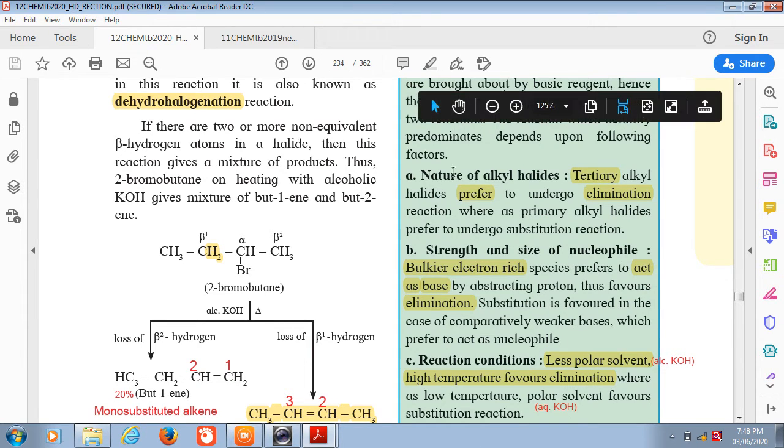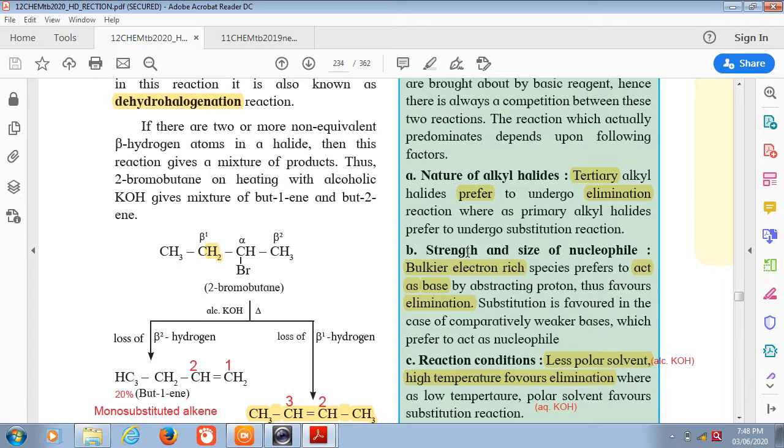Then the strength and size of the nucleophile. A bulkier electron rich species, like the tertiary butyl group, prefers to act as a base by abstracting the proton and thus favors elimination. Substitution is favored in the case of a comparatively weaker base, which prefers to act as a nucleophile.